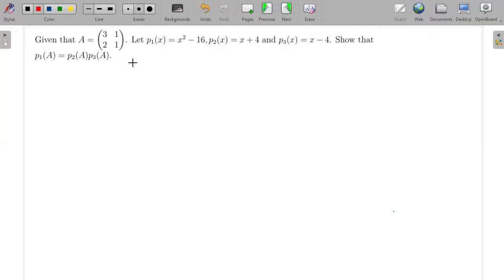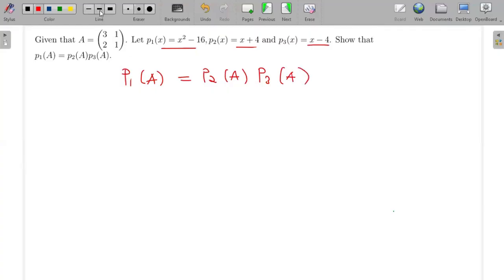Look at what we've been given here. These are polynomials: this is a quadratic, this is a linear, this is a linear. So we've been asked to show that P1 of A is actually equal to P2 of A multiplied by P3 of A.